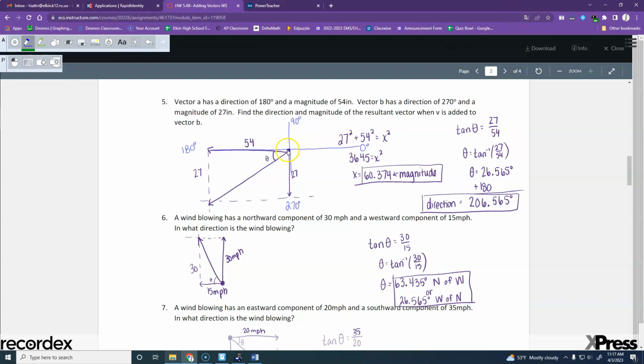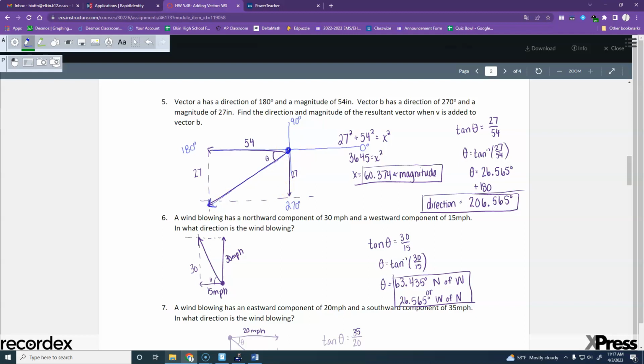So 80 degrees is going to be sort of in the west direction, although don't use north, south, east, west because it didn't have that in the problem. And then 27 is going to be in the sort of south direction there. So you'll draw your parallelogram. Your resultant vector, the answer vector, is the one that goes here.